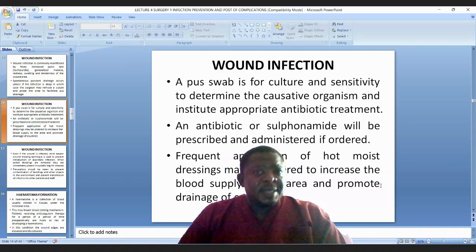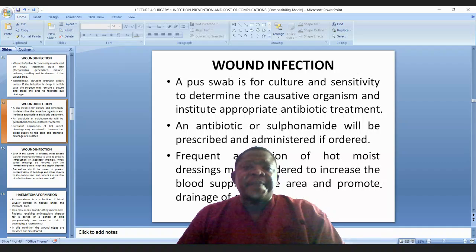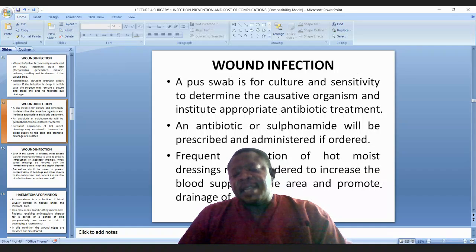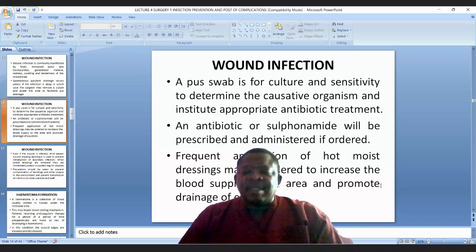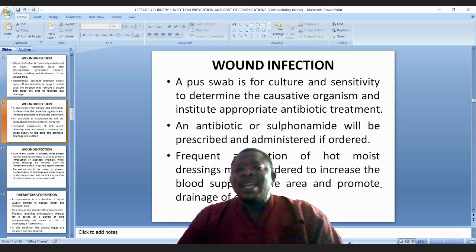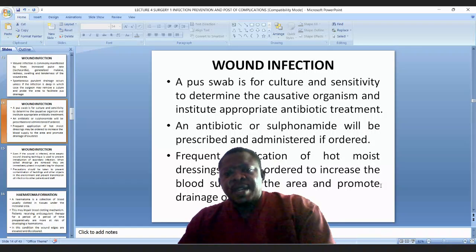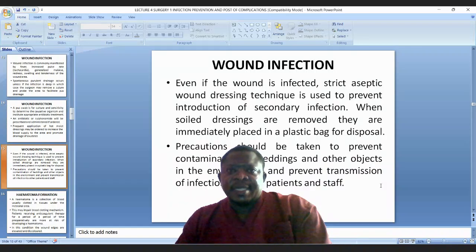This is still generally sepsis or wound infection. An antibiotic or sulfonamide will be prescribed and administered if ordered, to systemically deal with the infection that might have arisen. Frequent application of hot moist dressing may be ordered to increase blood supply to the wound area and also promote drainage of exudates.